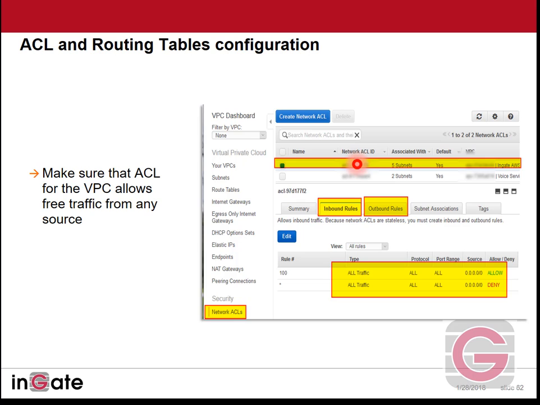Then you are going to select the ACL that has the private subnet that we are referring to. When you create an ACL, the ACL can be associated to one or more subnets. So you select that one, and we're going to make sure that the inbound and outbound traffic rules are allowing all traffic.